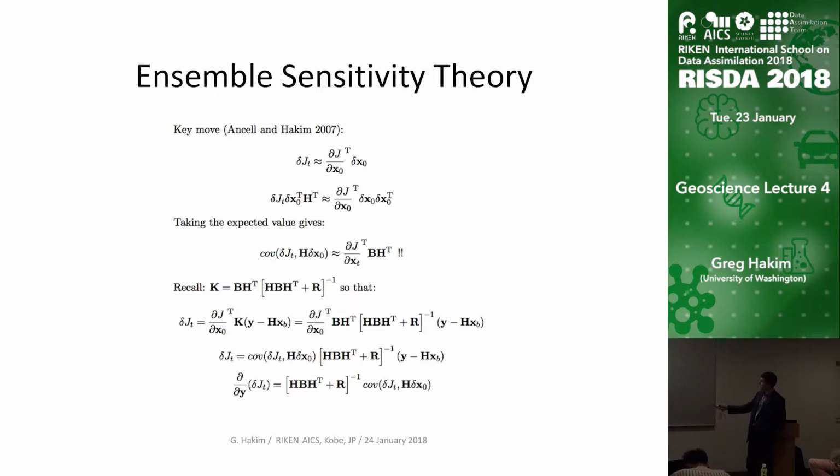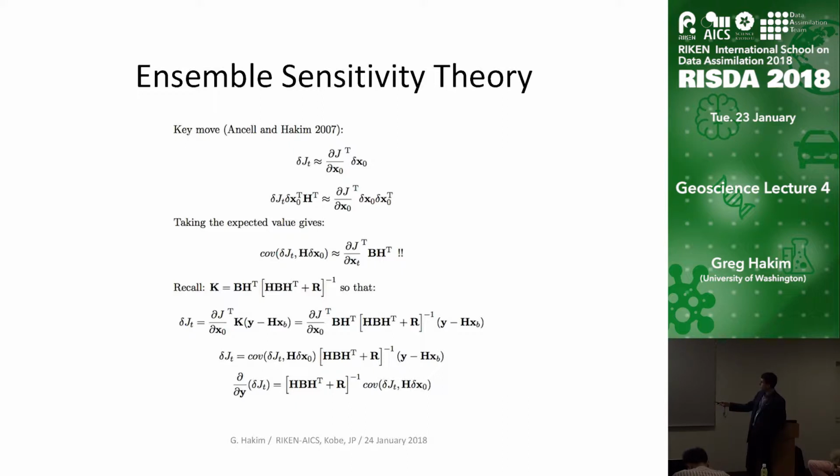All right, and we've got some stuff on the right side. Ooh, I forgot. There's a typo. Right, H transpose. So I'm multiplying by delta x naught transpose H transpose. If you take the expected value, then this is a covariance, and you're left with the sensitivity gradient, which we assume, and as do Langland and Baker, that it's the same as for the control trajectory.